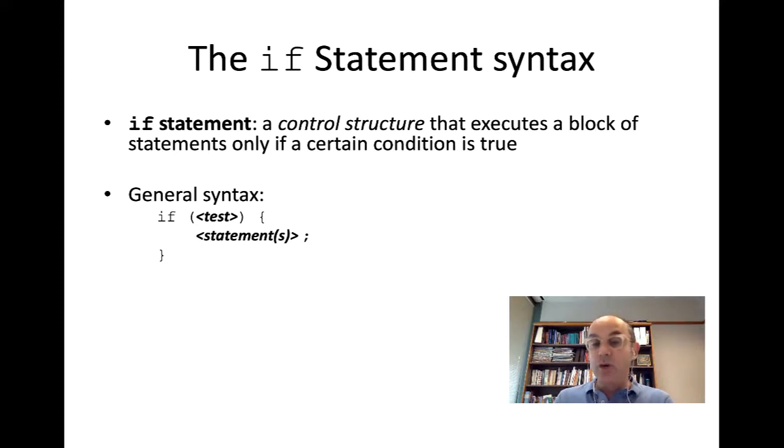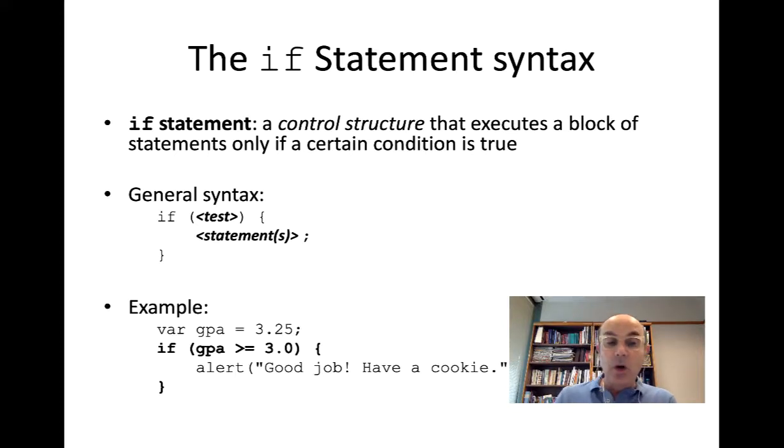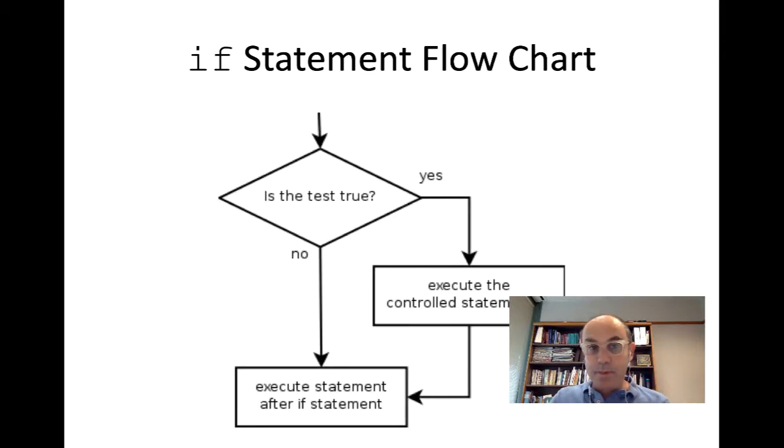The same is true in JavaScript, and usually this is how we apply that. So in this case, the variable GPA is equal to 3.25, and if the GPA is smaller than 3, alert, good job, you have a cookie, and this is the if condition in JavaScript, executed and able to display it.